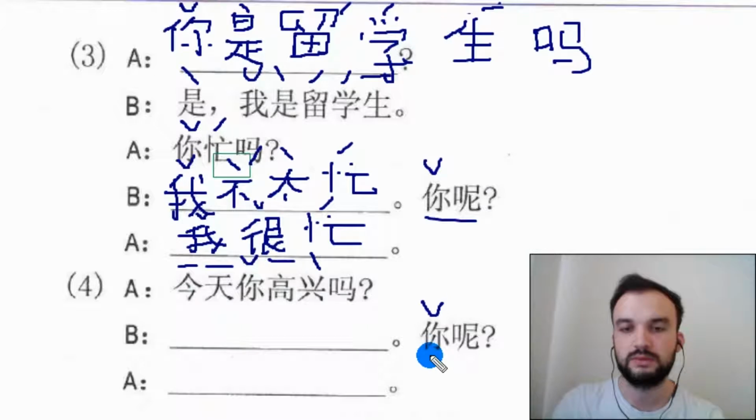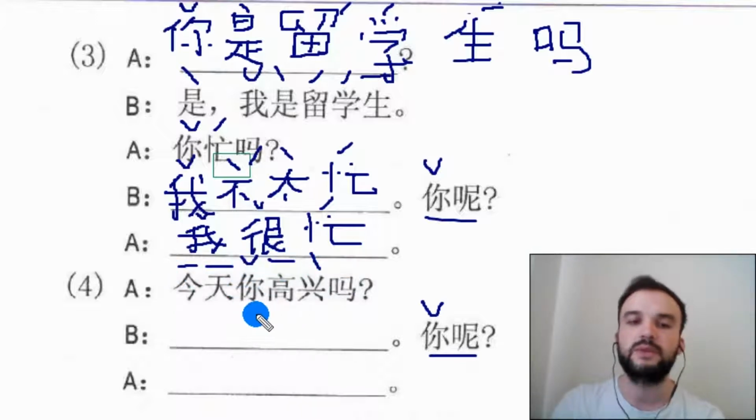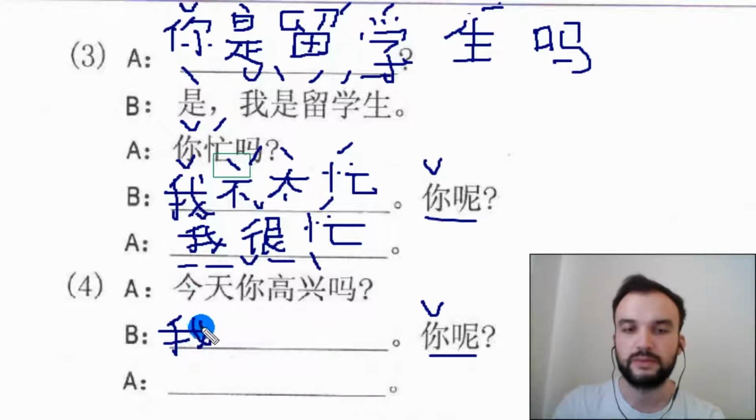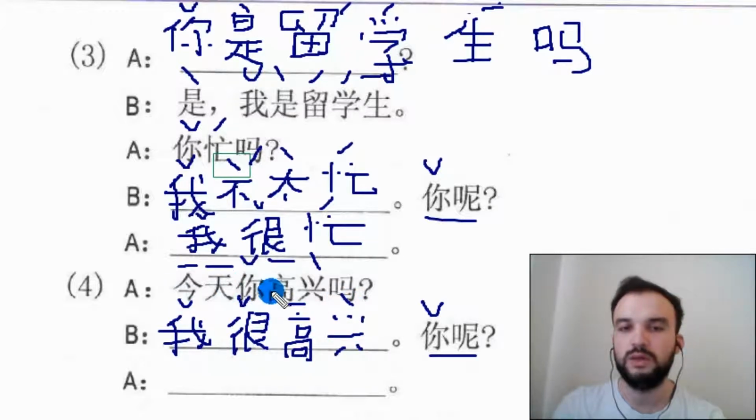And here we will give two answers. 今天你高兴吗? So B can say 我很高兴.